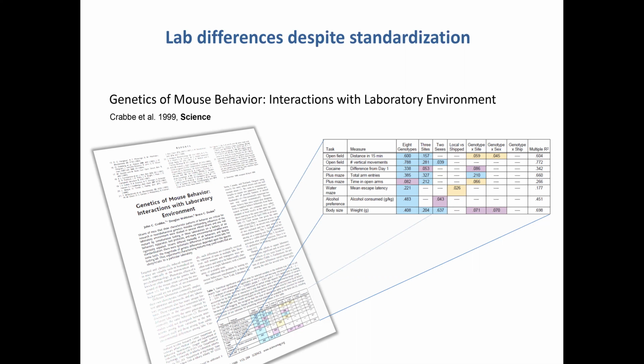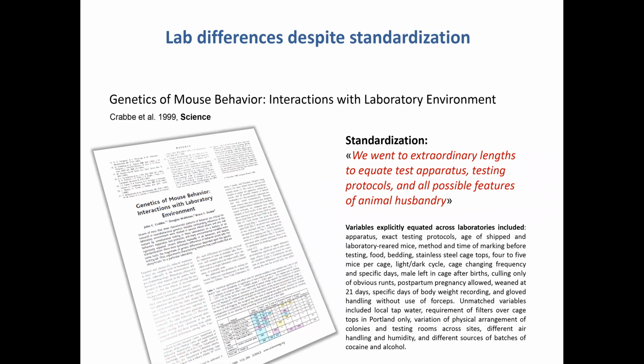Is it possible that we can run this experiment at these 3 sites and get the same results all the time? Now, what they tried to do is to standardize every aspect of the experimental procedure, every aspect of animal husbandry.